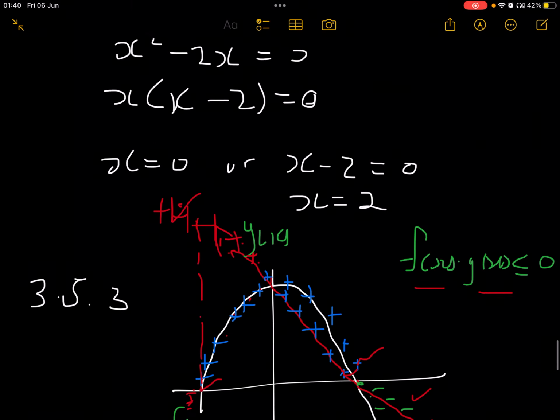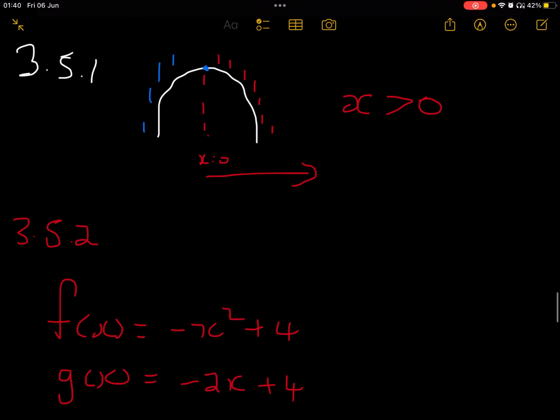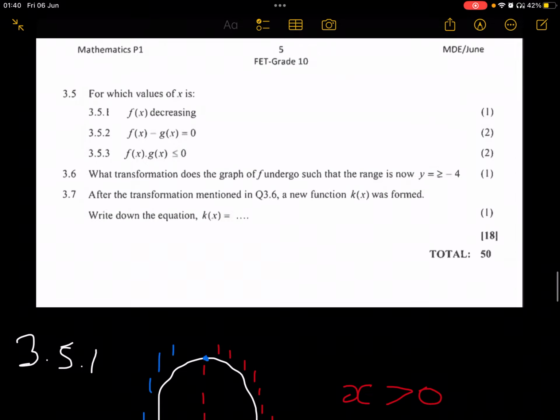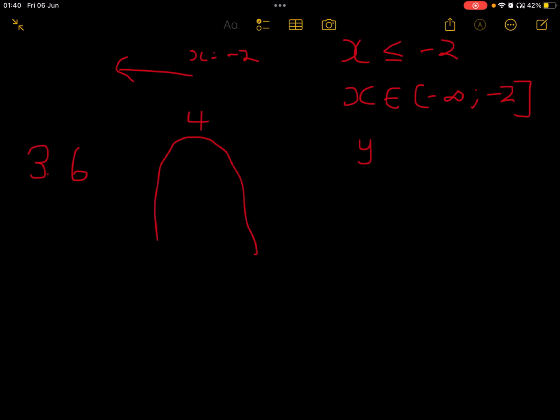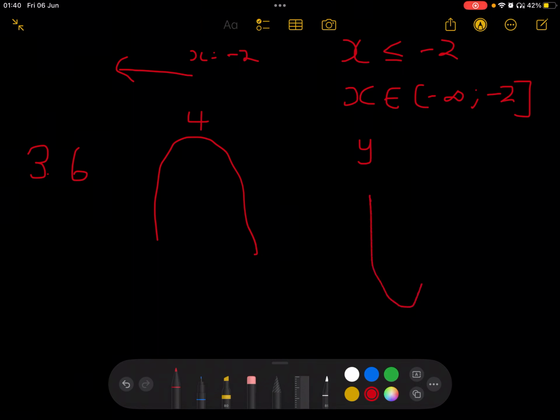Go back to it quickly. Y is greater than or equal to. So when they say greater than or equal to, that means the graph has now changed shape. Greater than or equal to 4, which means the graph has been flipped.